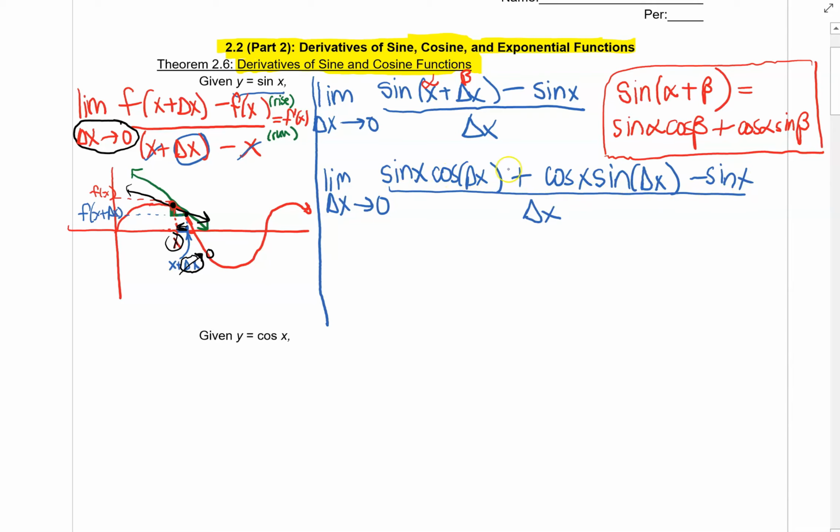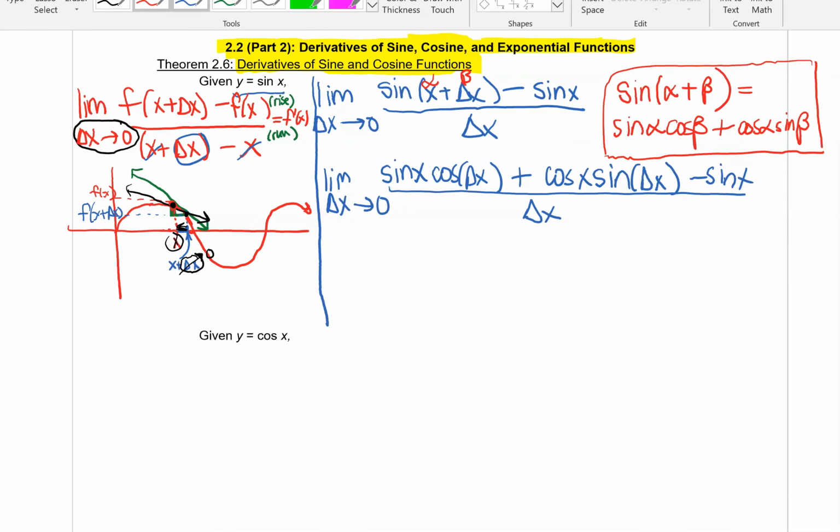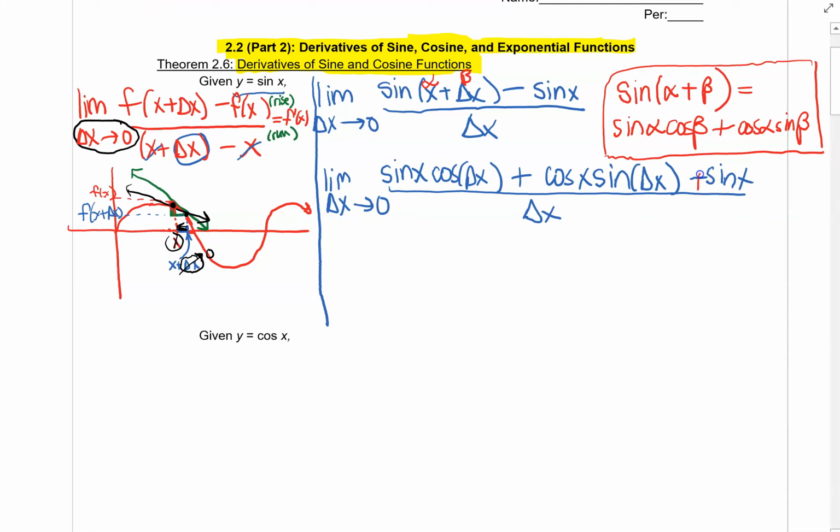Okay, so now I'm here. Now I'm going to get kind of clever in how I choose to associate these together. Remember, addition is associative. You can associate whatever two things or three things or four things you want together in any way. And you can think of this as all addition, because I can think of this as plus negative sine. So maybe that'll help us. Then I'm going to regroup the numerator.